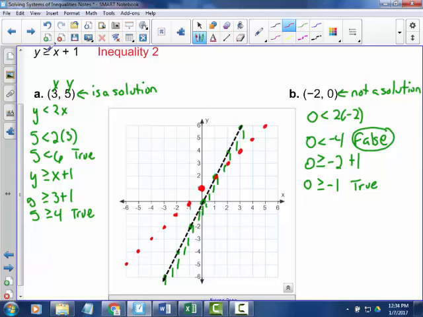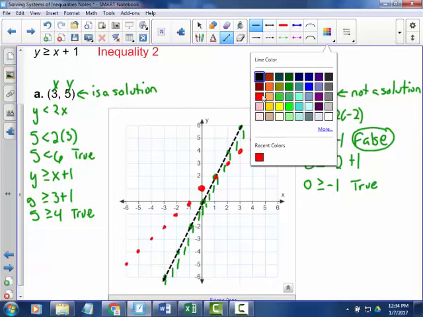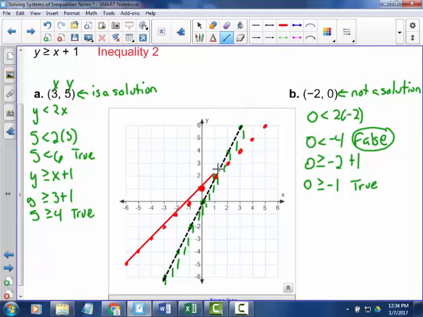Okay, and that was greater than or equal to, so that's a solid line this time. And then my shading should be above, because that's where the numbers are greater. But over here is not going to be part of my graph, because I've already determined that this is the direction that we'd be shading for the other line.